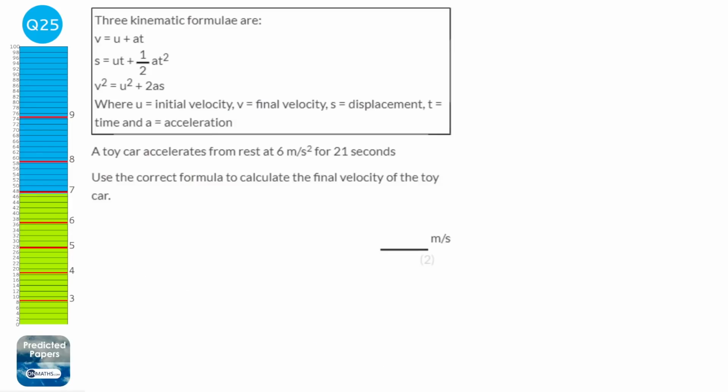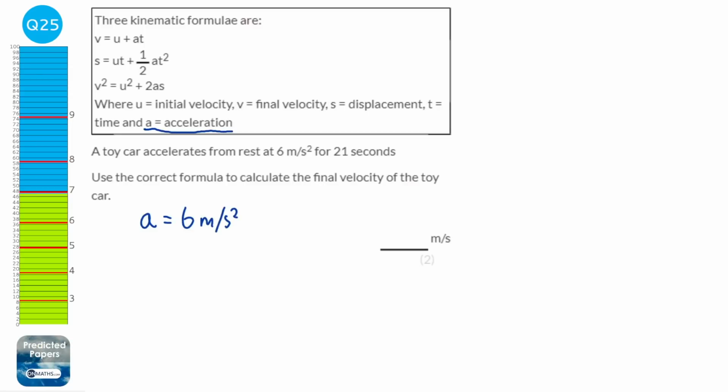With these questions, what we need to do is write down what we're given in the question. So it says that the car accelerates at 6 meters per second squared. So we've got the acceleration, which is 6 meters per second squared. And I'm using the same letters as it has in the question here.